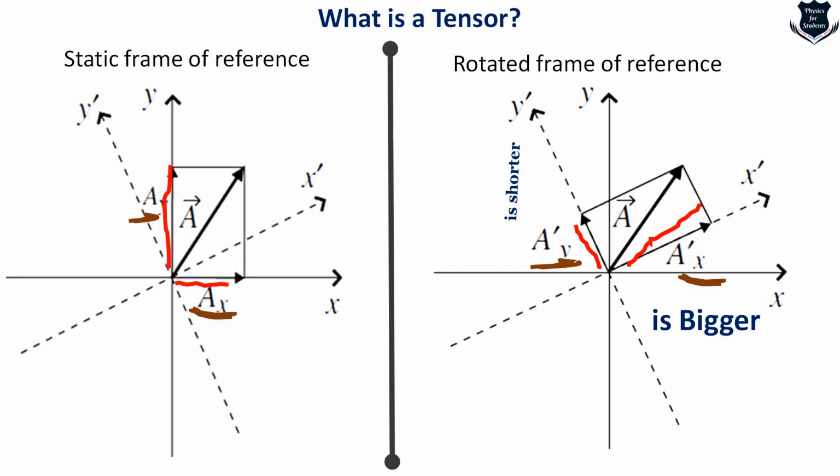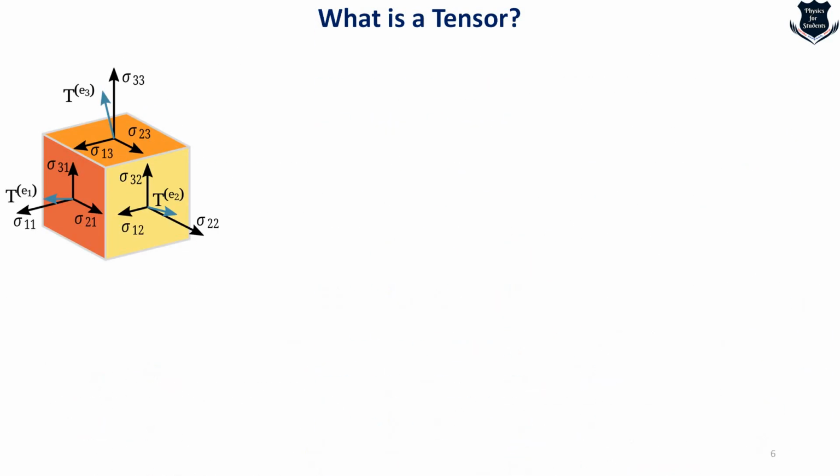So this is the static frame of reference on the left hand side, this is the rotated frame of reference, and you can see that the components of the vector start changing, however the vector remains the same. This is in a way the basic idea of what a tensor is all about.